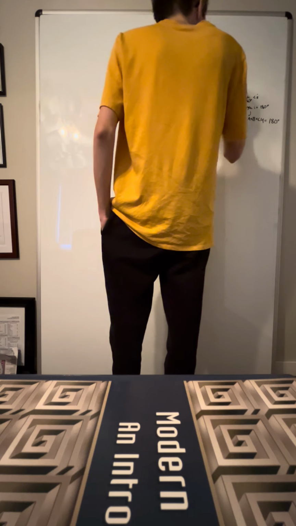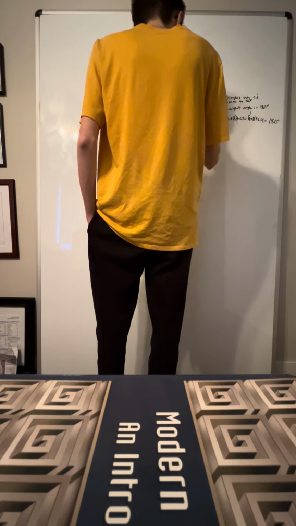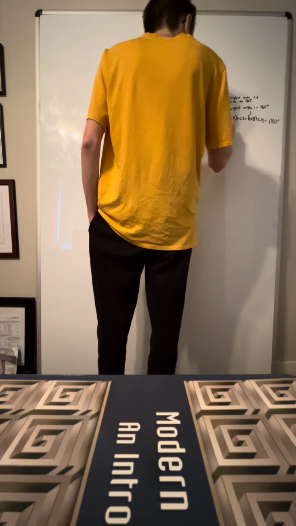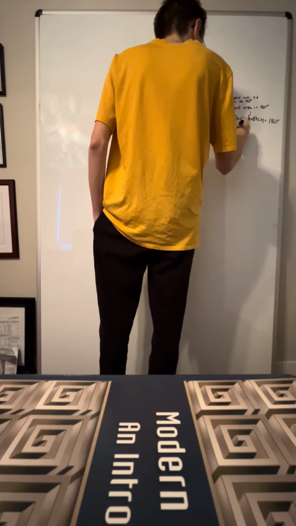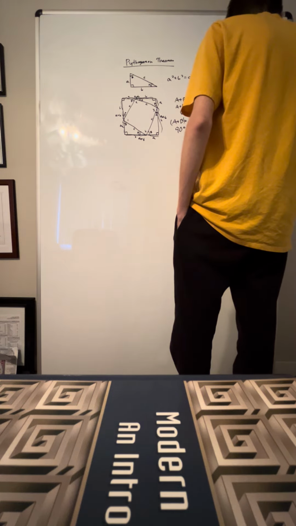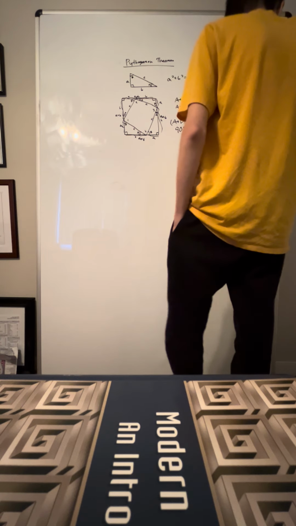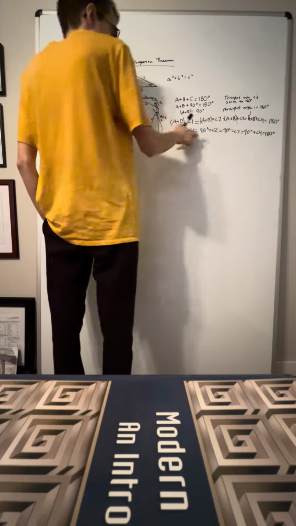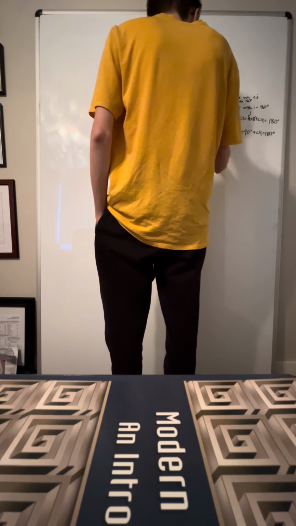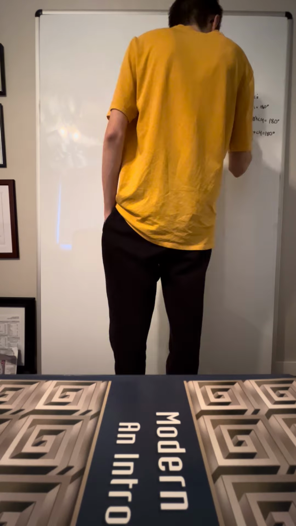So if we substitute that all in like this, then we're going to get 90 degrees plus angle 1 equals 90 degrees plus angle 2 equals 90 degrees plus angle 3 equals 90 degrees plus angle 4, which all of these equal 180 degrees, but if you subtract 90 from all of them, then what you get is that angle 1 equals angle 2 equals angle 3 equals angle 4 equals 90 degrees.